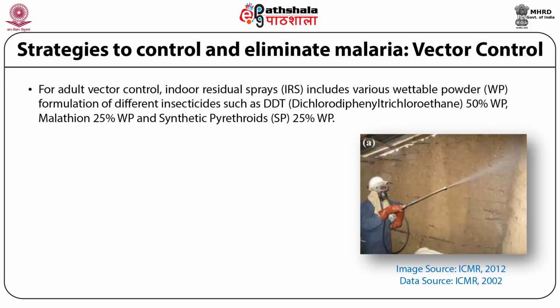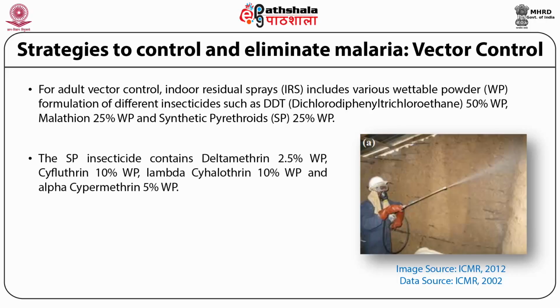For adult vector control, indoor residual spray includes various wettable powder formulations of different insecticides such as DDT, which is dichlorodiphenyltrichloroethane 50% WP, malathion 25% WP, and synthetic pyrethroids 25% WP. The synthetic pyrethroid insecticides include deltamethrin 2.5% WP, cyfluthrin 10% WP, lambda cyhalothrin 10% WP, and alpha cypermethrin 5% WP.